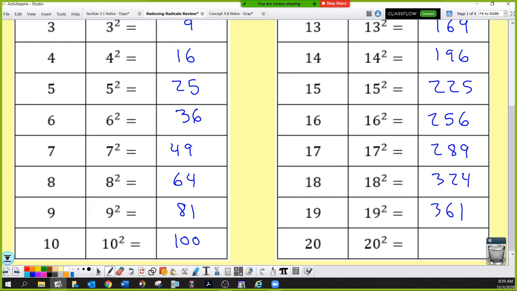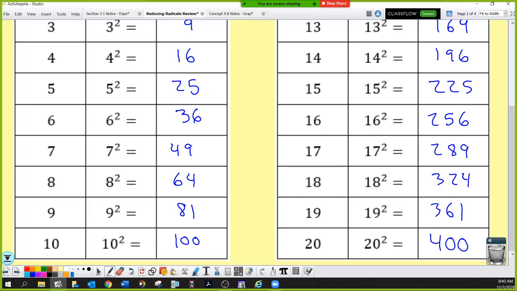And 20 squared is 400. And let me grab a calculator real quick just to make sure 19 squared is 361. It is. Okay, just making sure. That's the only one I question myself on. For some reason, 361 just doesn't jump out to me. Interestingly enough, it begins with a perfect square, 36, and ends with a perfect square, 1. Neat. There you go. The first 20 perfect squares.